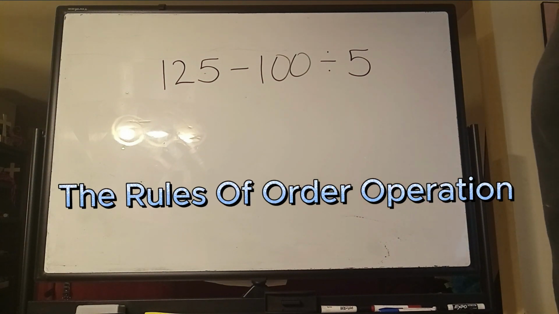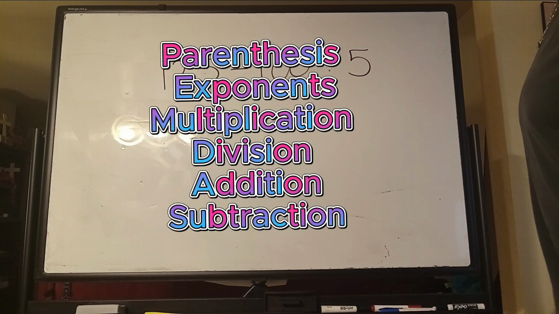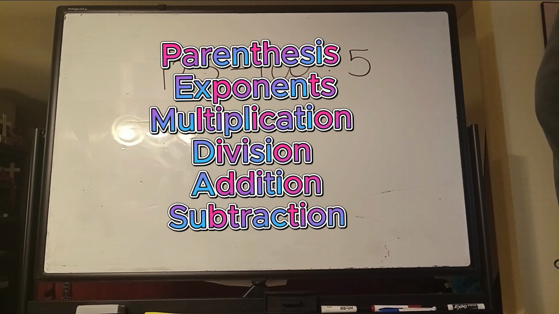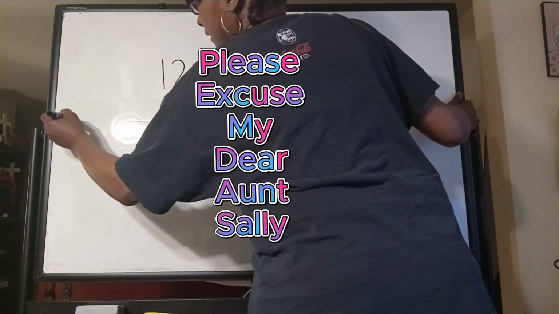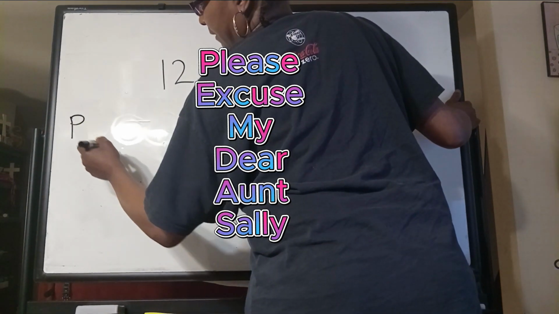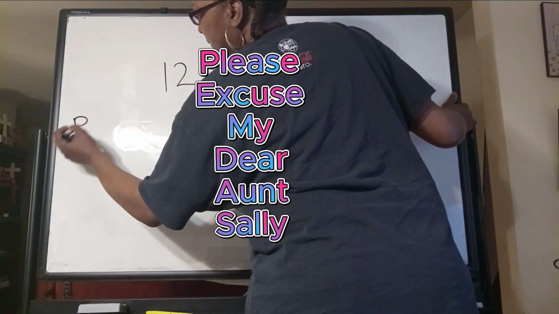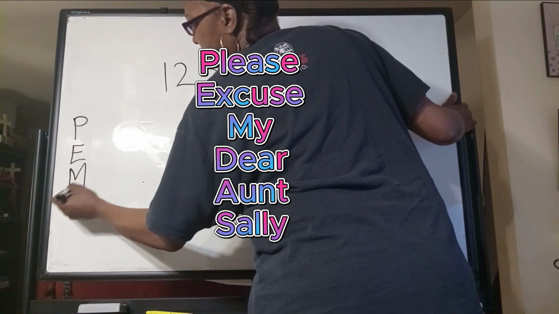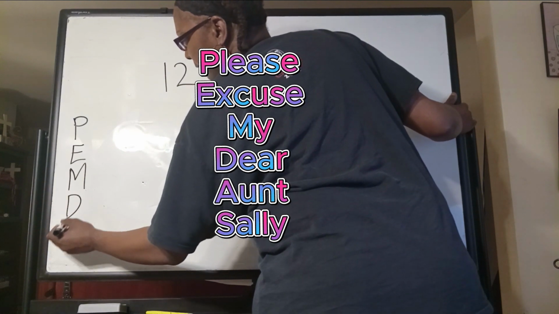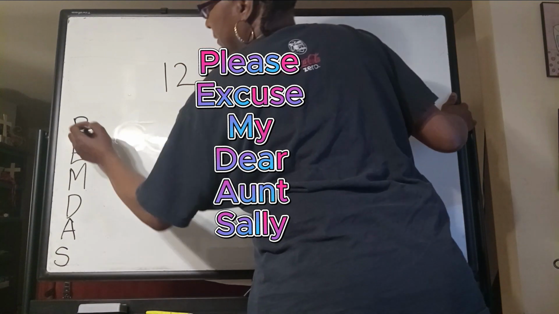The rules of order of operation are parentheses, exponents, multiplication, division, addition, and subtraction. The easiest way to remember that is please excuse my dear Aunt Sally, right? So I just want you to write that first.